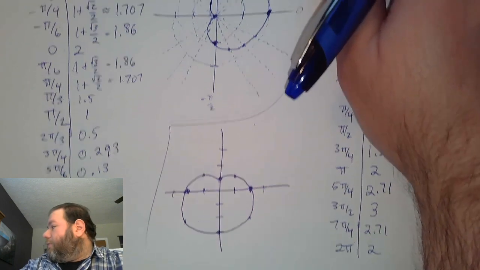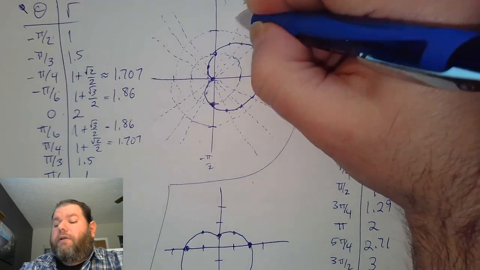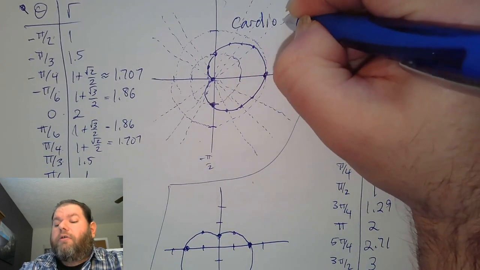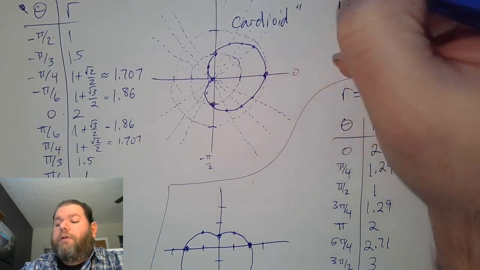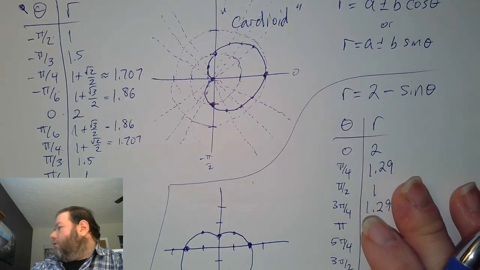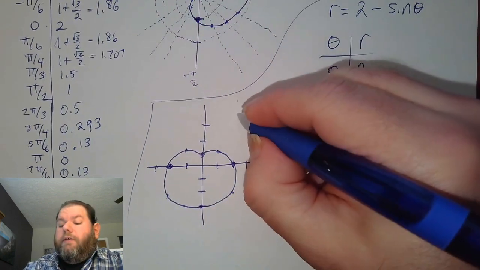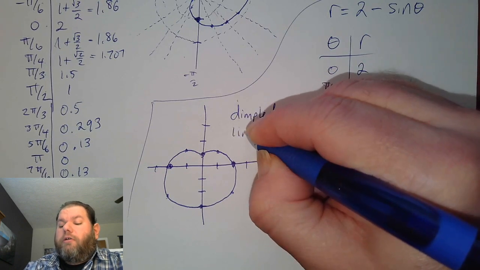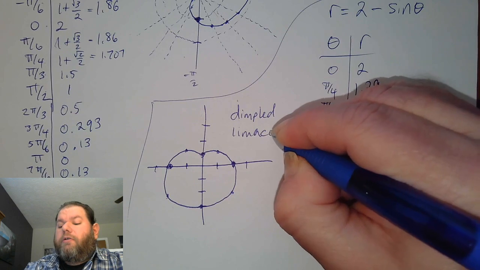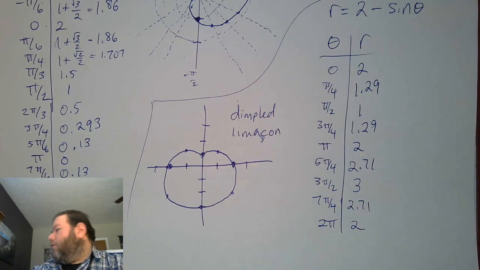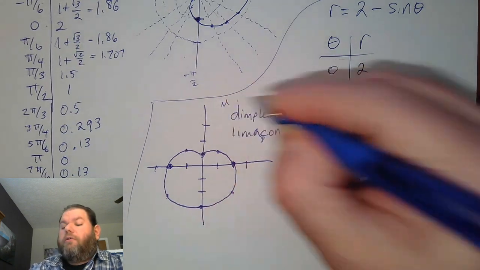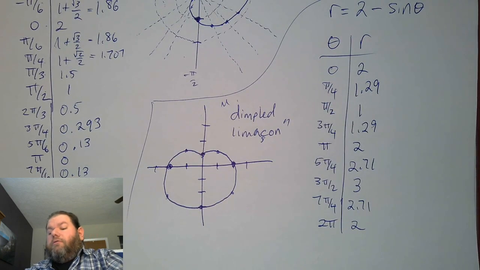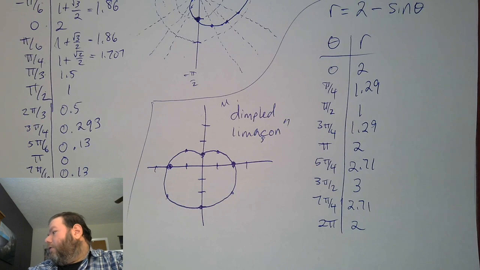So up here we had a cardioid, and this is a dimpled limaçon. Okay.